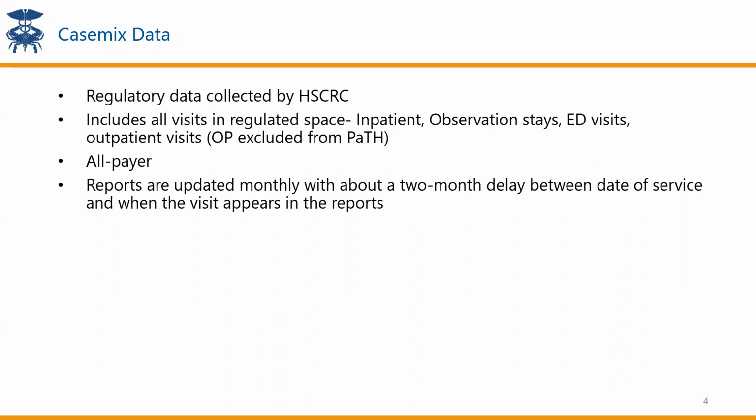It includes visits from regulated spaces, so inpatient observation stays, ED visits, and outpatient visits. We've excluded the full OP data set from PaTH to focus in on inpatient stays, observation stays, and ED visits, but also because that data set is quite large, and we needed to speed up some optimizations within our report.